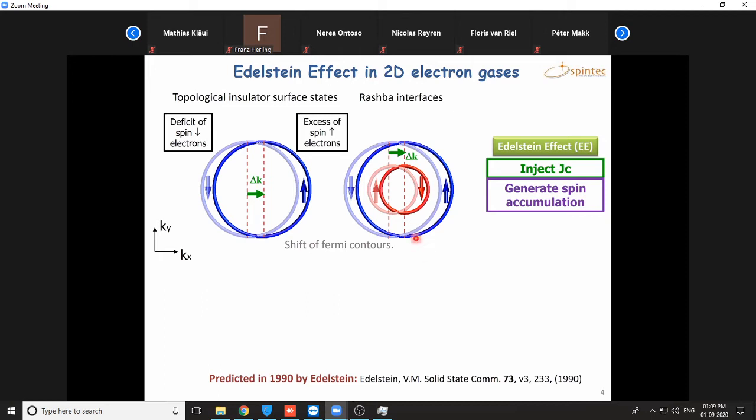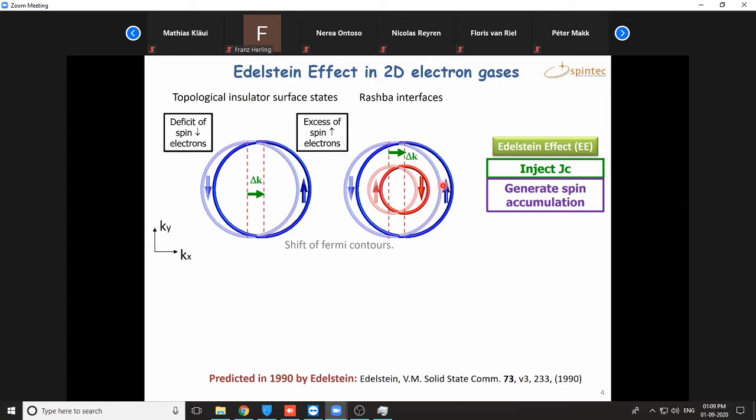So if you inject a charge current, it's like moving the Fermi contour, and you see now that you will have an out of equilibrium situation where you will have an excess of spin down, of spin up here, and out of a charge current, you will generate a spin accumulation.